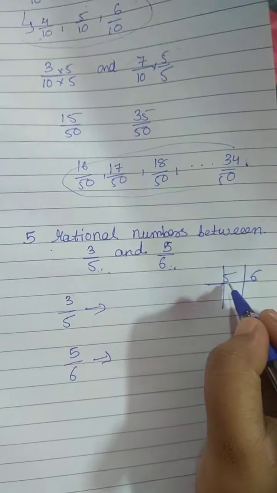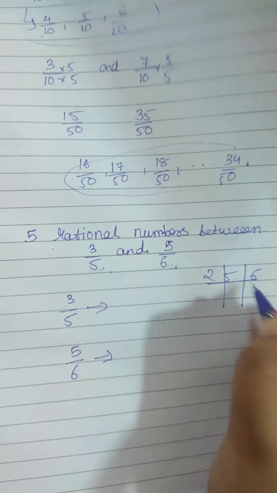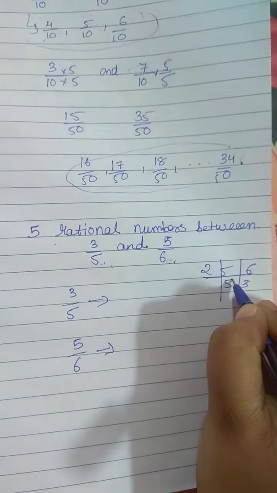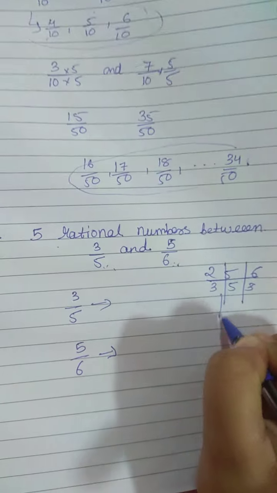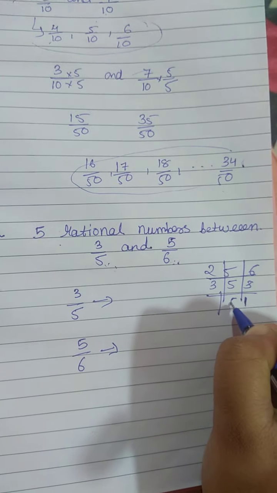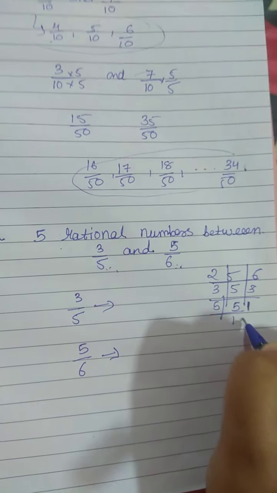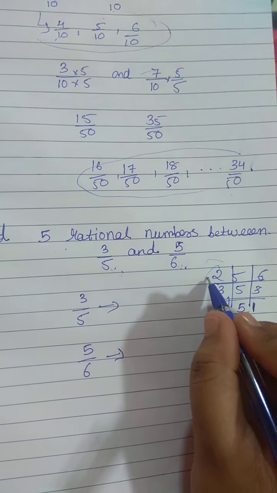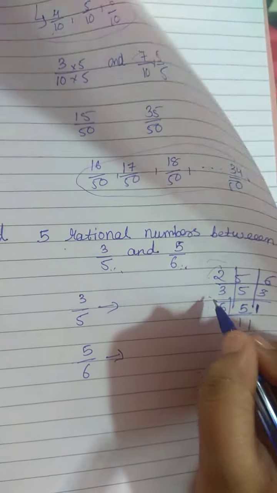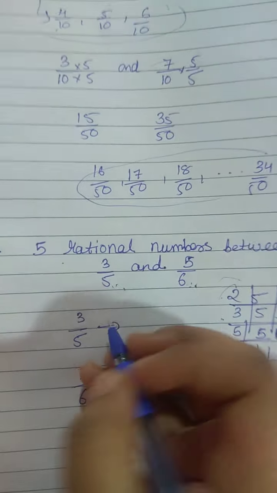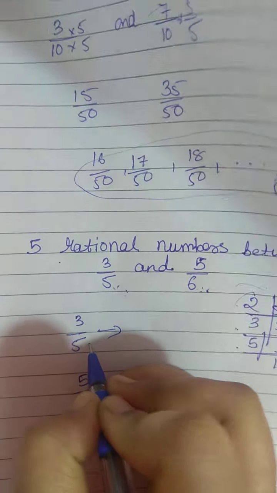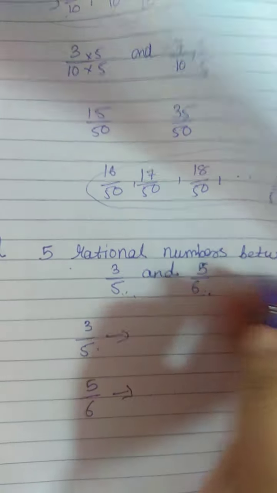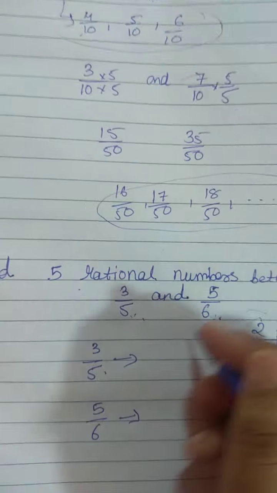So the LCM of 5 and 6 will be: 2 3s are 6, 5 will remain as it is; then 3 1s are 3, 5 will remain as it is. Now this will be the LCM of 5 and 6: 2 3s are 6, 6 5s is 30. So you have to make the denominator 30. With what will you multiply 5 to make it 30?